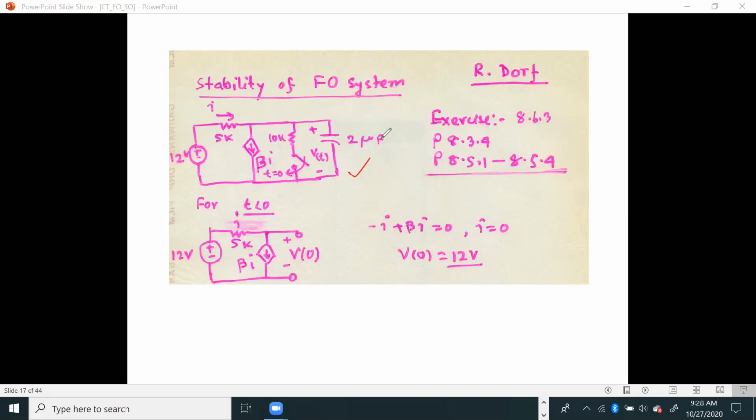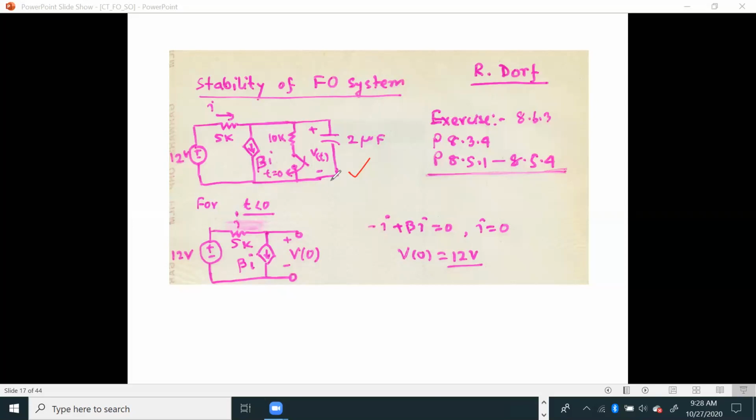Then we have to derive the input-output relationship after closing the switch. But before, when the switch was open, your circuit was at a steady state. We need to know some quantities from that state that will be used as initial values for the next state. Okay. Yes, sir.